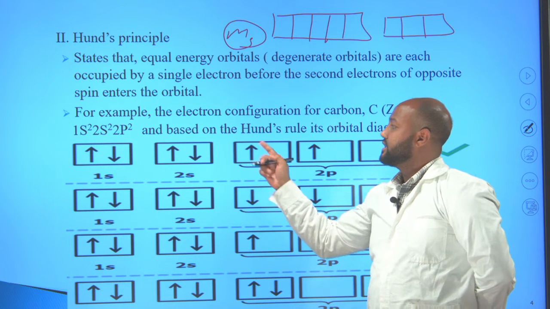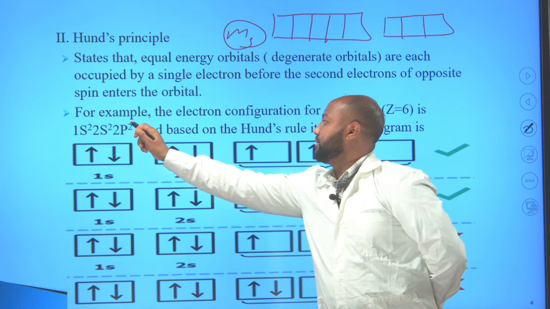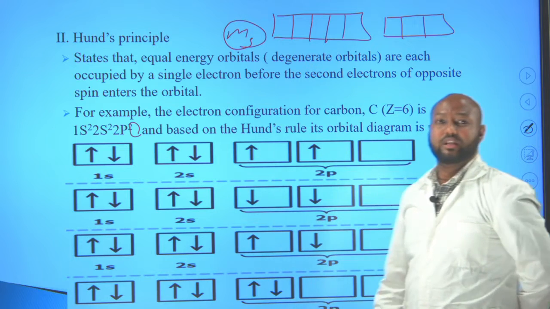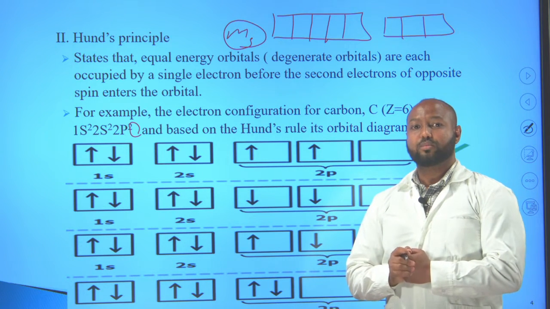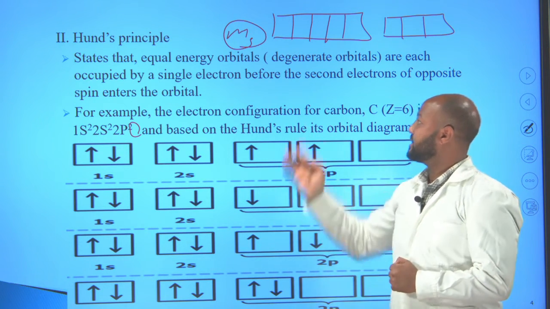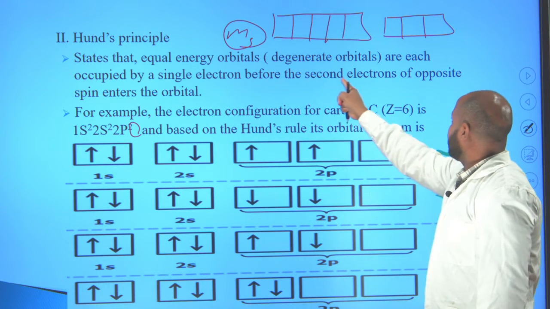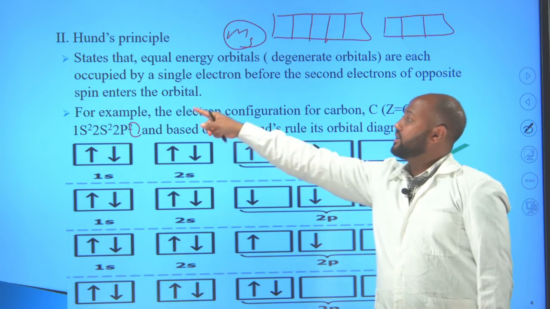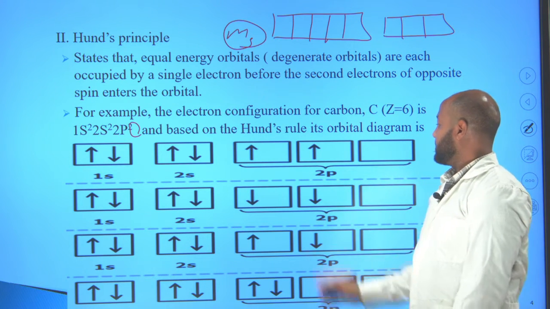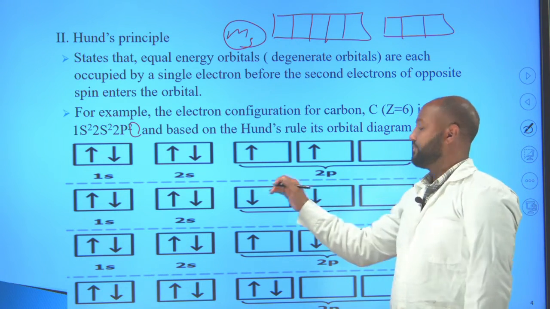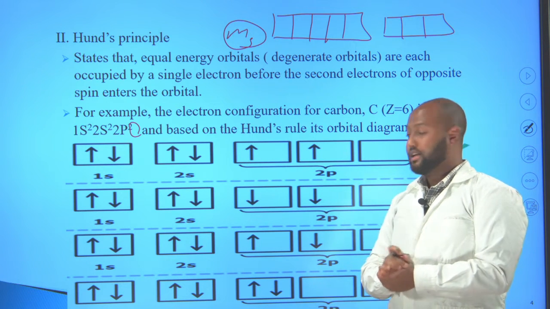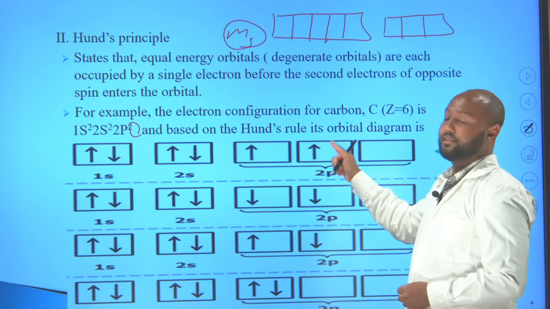What about these 2 electrons on P, how are they arranged in the orbital diagram? Electrons must be filled singly before the second electron pairs up. Since the p orbitals are degenerate orbitals, equal-energy orbitals, electrons must fill singly.